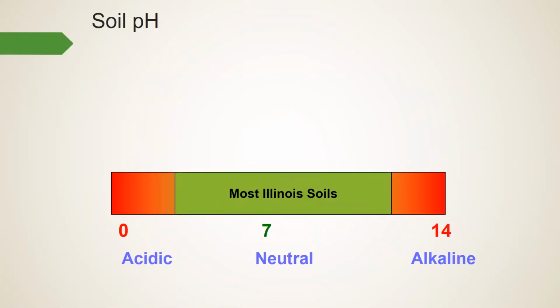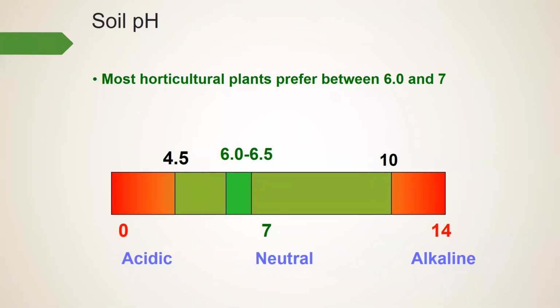But the most important thing to understand here is that most Illinois soils are within the range of about 6 to maybe 7.5, and most of our horticultural plants prefer somewhere between 6 and 7.